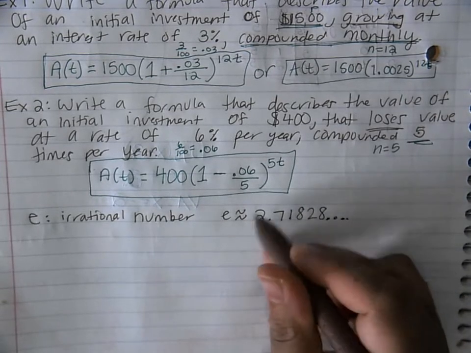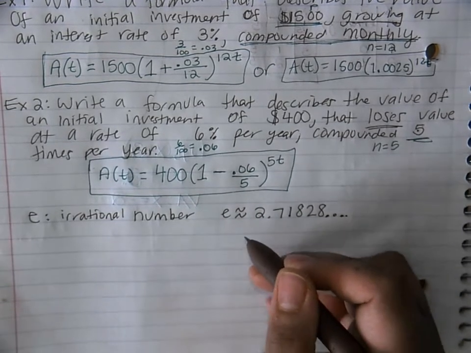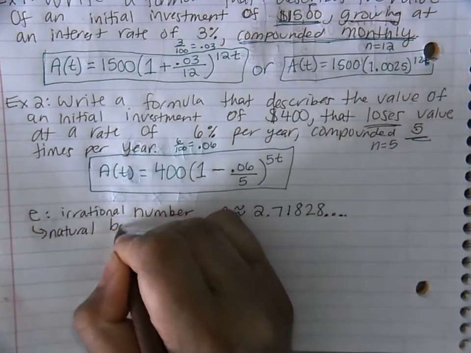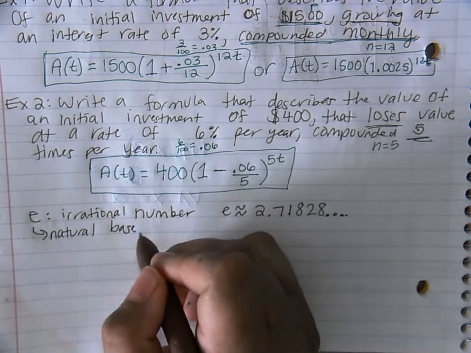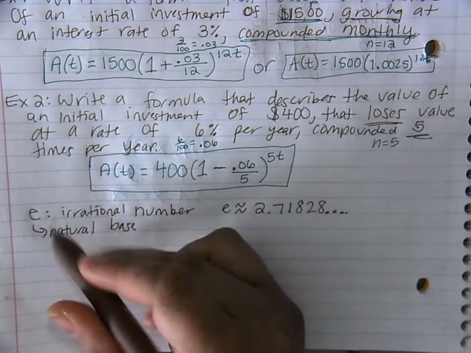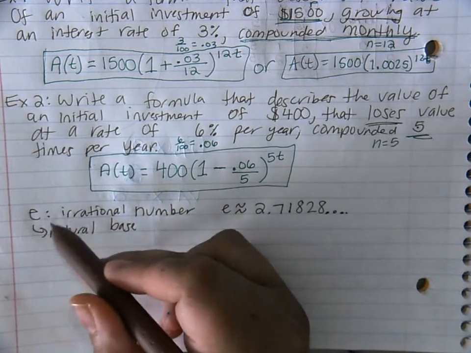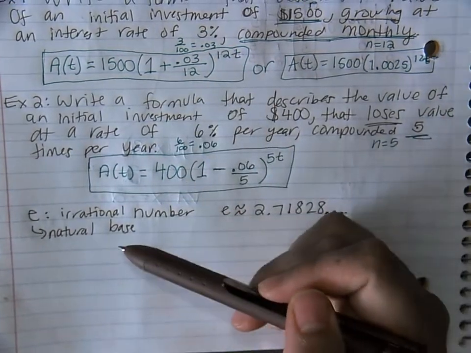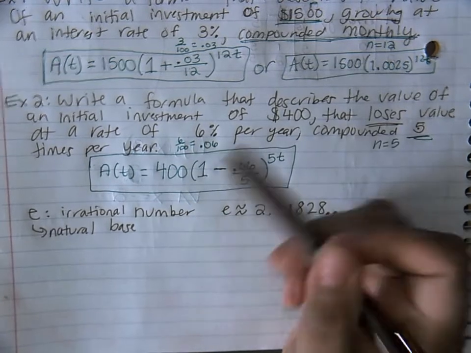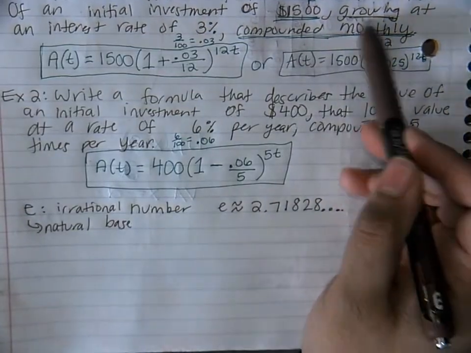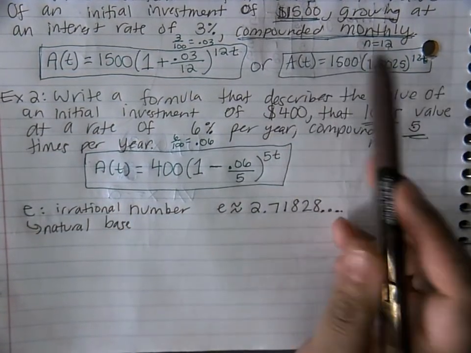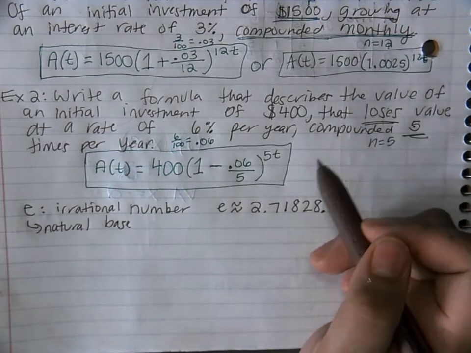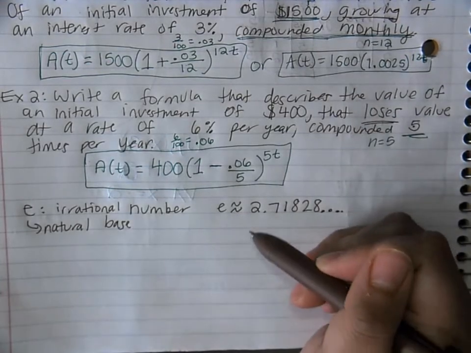Okay, so this E, another name for it is the natural base, and on Friday we are going to see more about the natural logarithm, which is going to deal with this E, or this natural base. But we can also use this in some of the similar types of formulas that we've just been working with, where something is compounded. We saw so far monthly and 5 times here, but something can be compounded not just a few times in the year, it can be almost instantaneously or all the time.